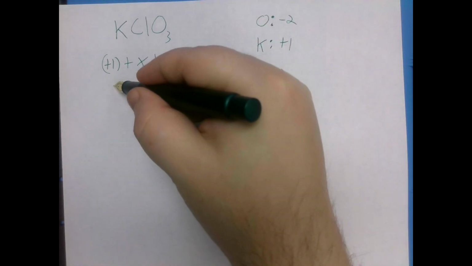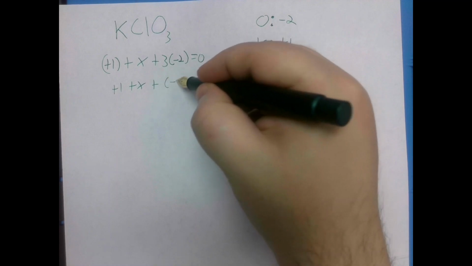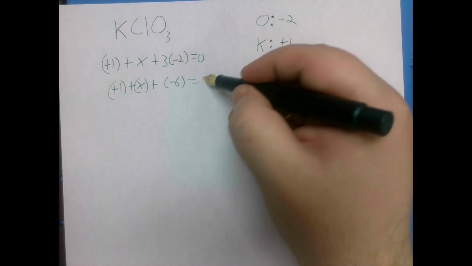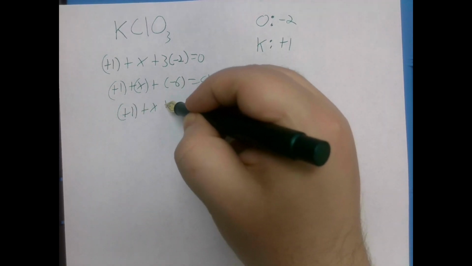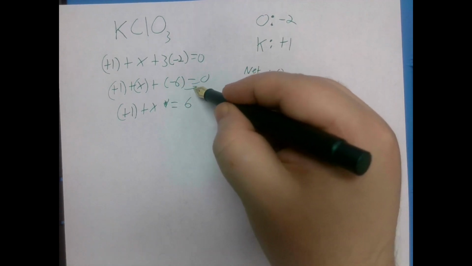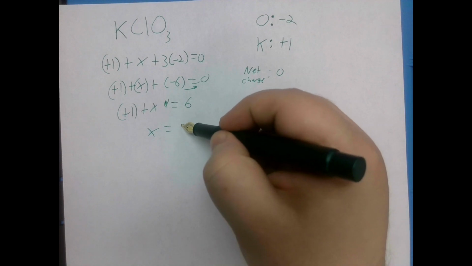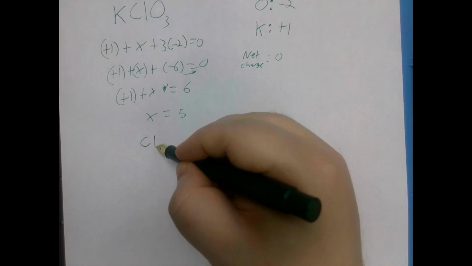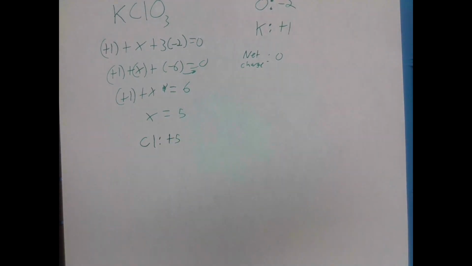So that'd be +1 plus x plus -6 has to equal 0. +1 plus x, moving this over, is equal to 6. Moving the 1 over, x is equal to 5. So that means chlorine's oxidation number is +5. That makes sense?